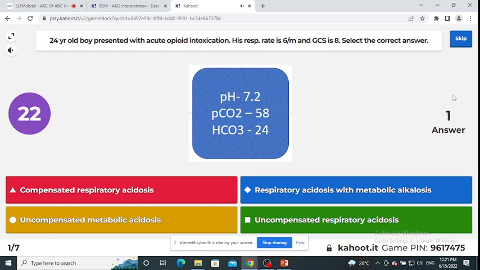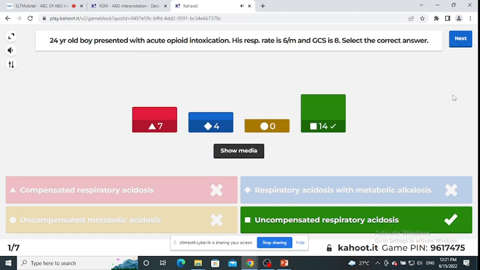Select the correct answer. Right, 14 correct answers, so I have done something good. Right, so it's an uncompensated respiratory acidosis because the bicarbonate was normal.